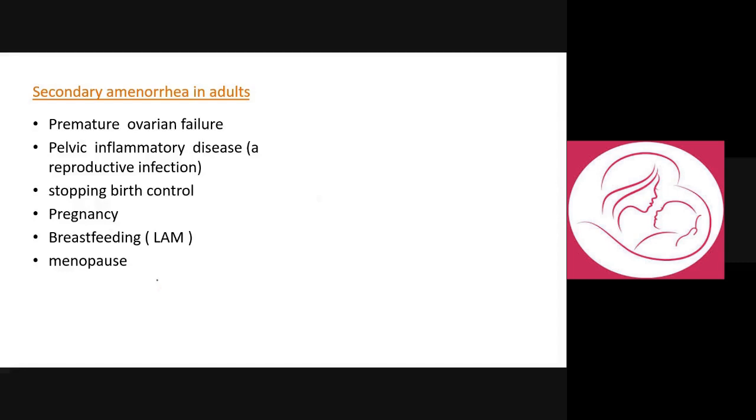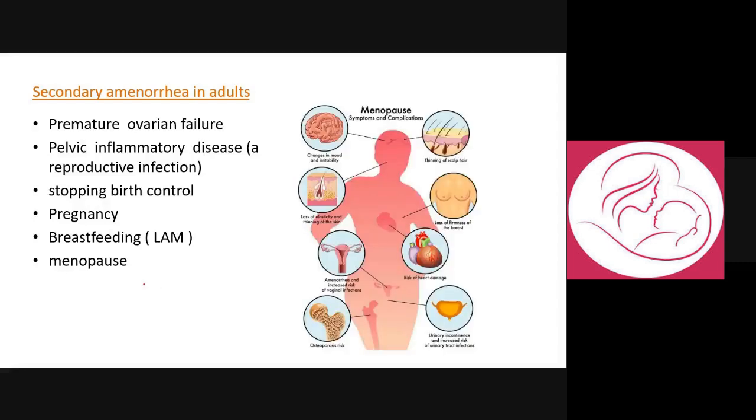So, what are the symptoms of menopause? Because many times women get this kind of problem as one of the symptoms of menopause. That's why I thought of putting up this slide to tell you what things may be associated with menopause.